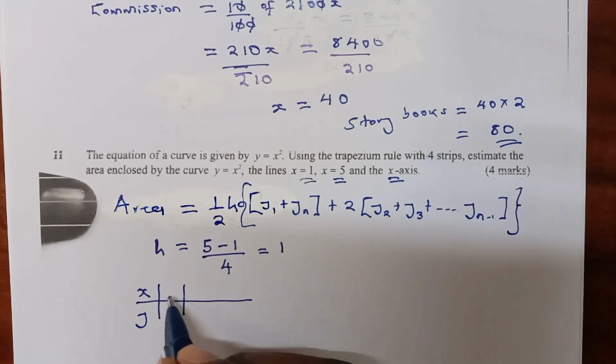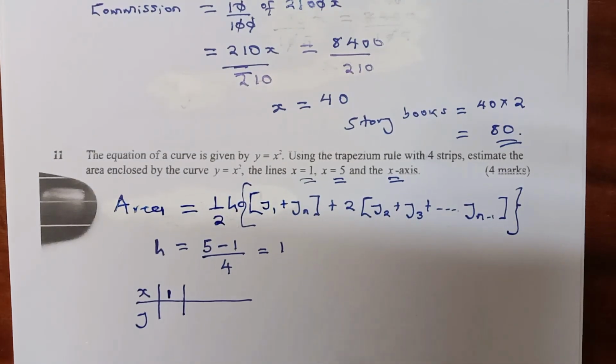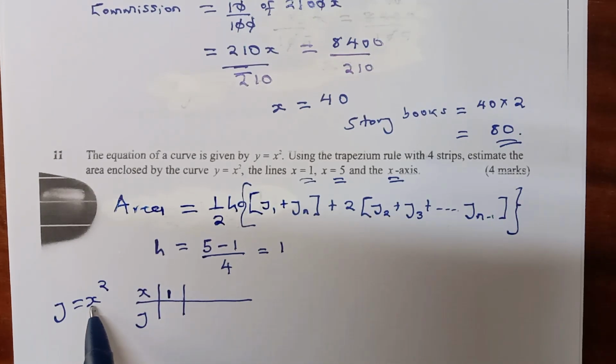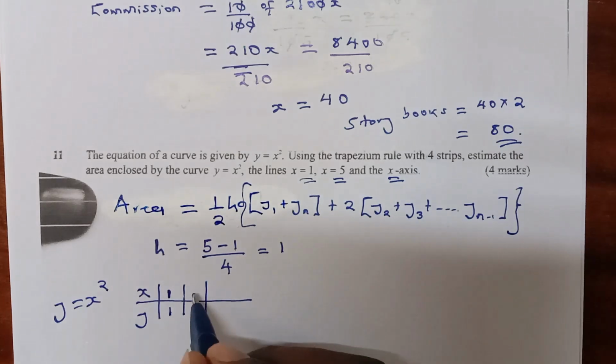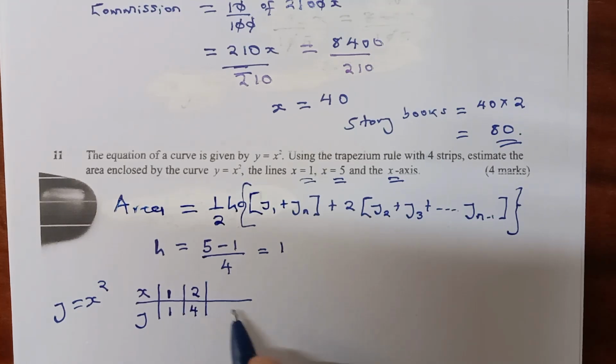Looking at the value of x and the value of y. When x equals 1, because it is starting at 1, what's the value of y? When you insert into y equals x squared, when x equals 1, the value of y also equals 1. When x equals 2, y equals 4.